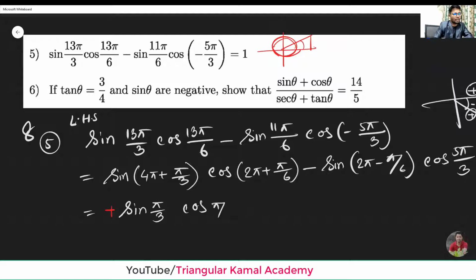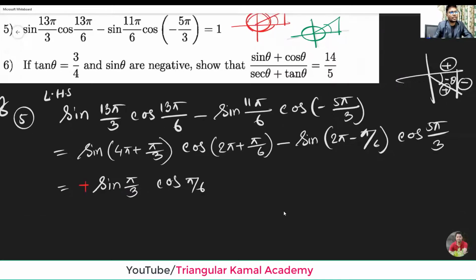Cos pi by 6. Now, twice pi plus something. If we draw the figure here, 1 pi, 2 pi, 2 pi plus something means the first quadrant, all are positive, no change. So next, sign, no change of sign.